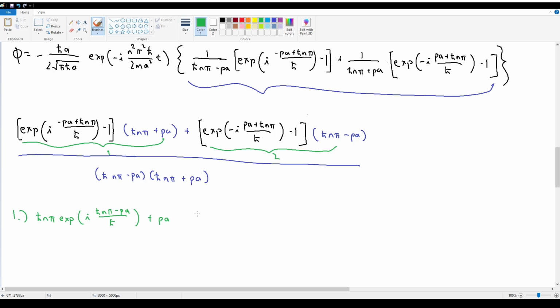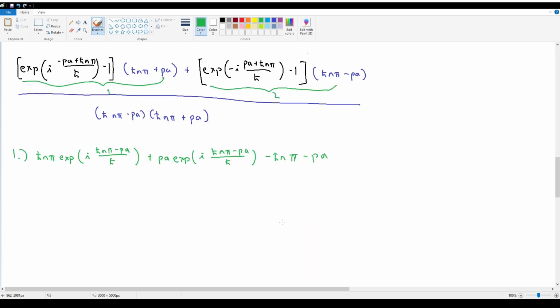Yeah, that's fine. I'll do it that way. Pa, and then the exponential i of h bar n pi minus pa over h bar. And then we're going to do minus h bar n pi minus pa, right?